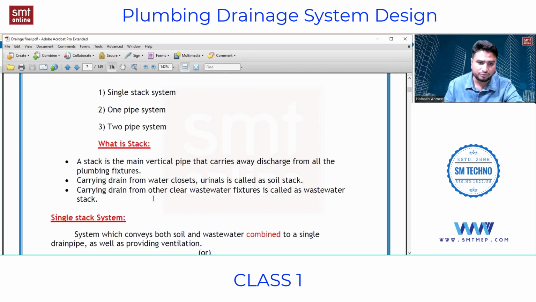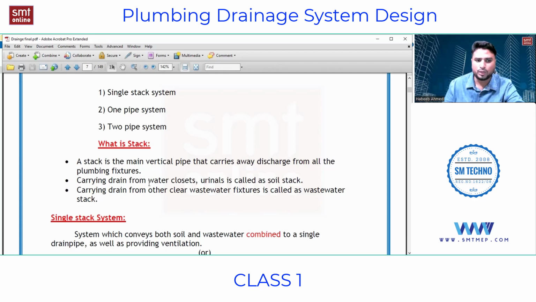Carrying drain from other clear wastewater fixtures is called a wastewater stack. Apart from these three fixtures, the water which is drained out and collected into a vertical pipe, that vertical pipe is called a wastewater stack.